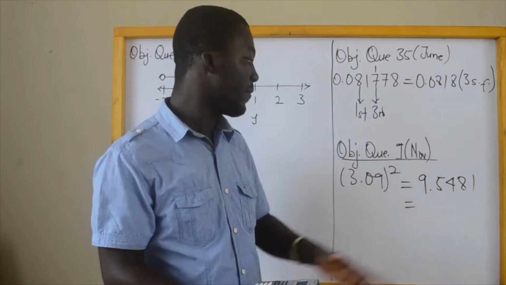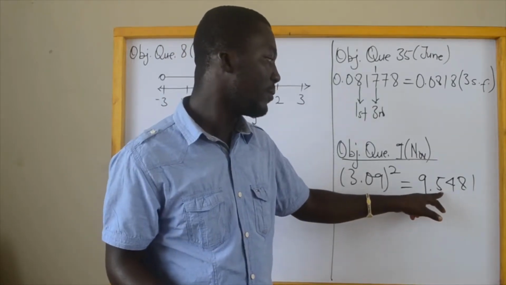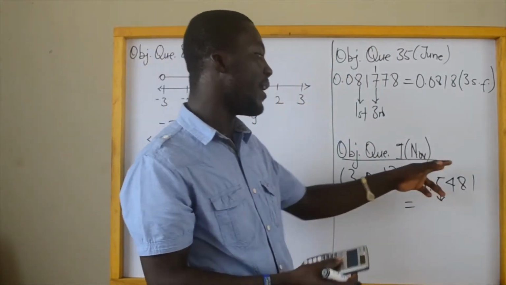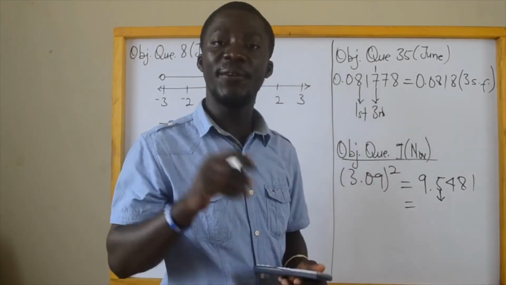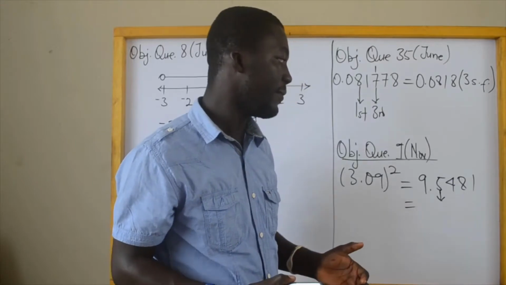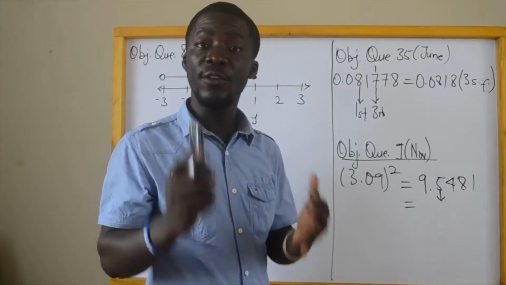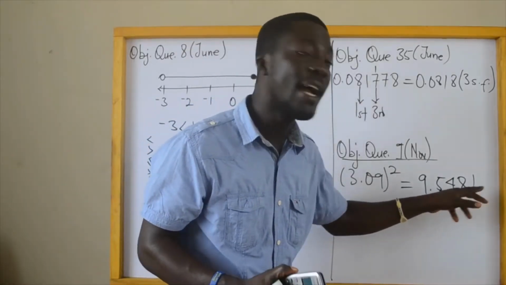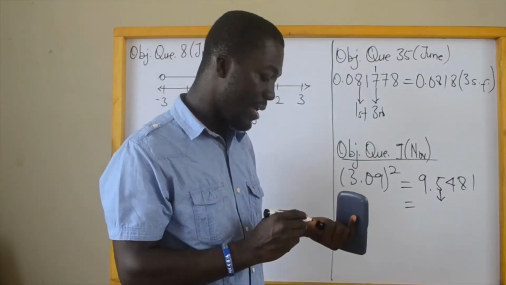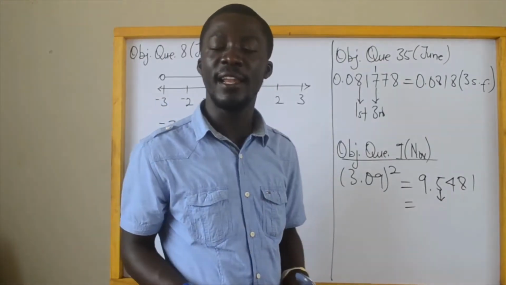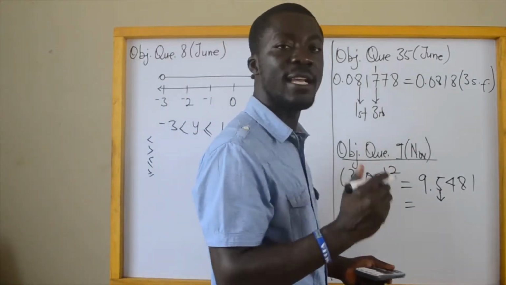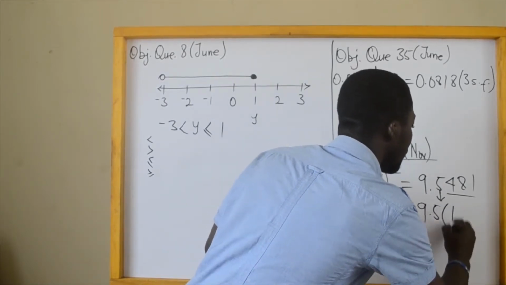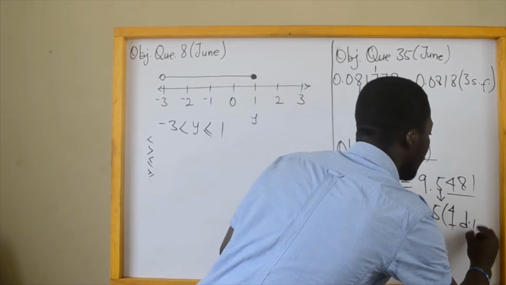So if we are to leave this in 1 decimal place, we will select our number 5 and look at the number next to it. We ask ourselves, is it greater or equal to 5 or less? If it is greater or equal to 5, we add 1 to the 5. But if it is less, then we discard the rest of the numbers. In this case, 4 is less than 5. So we discard all these numbers and we get 9.5, which is to 1 decimal place.